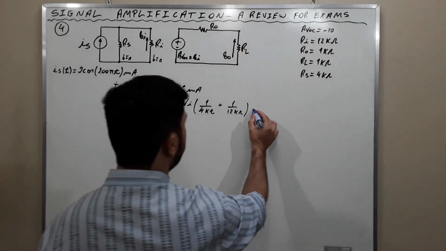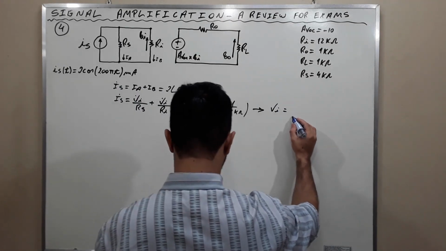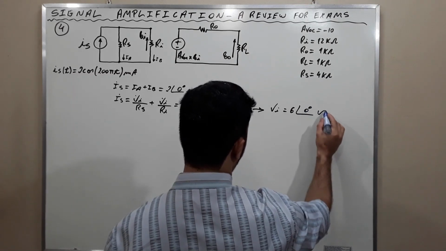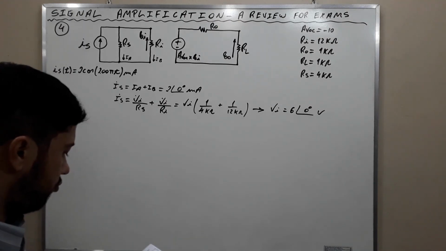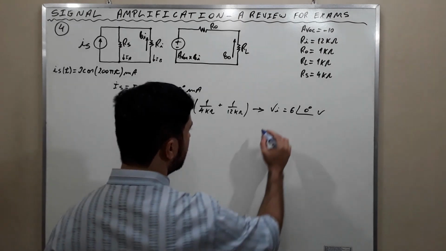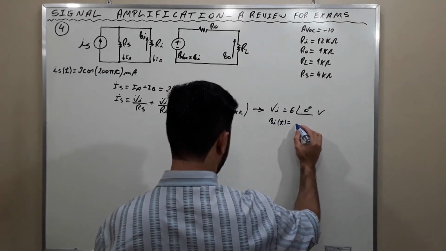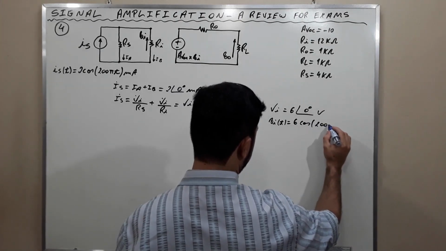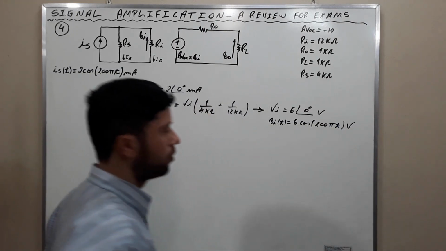Then we manipulate this and we find that VI is equal to 6 phase 0 degrees volts, which translates to this voltage here in the time domain: VI of t is equal to 6 times the cosine of 200 pi t volts.